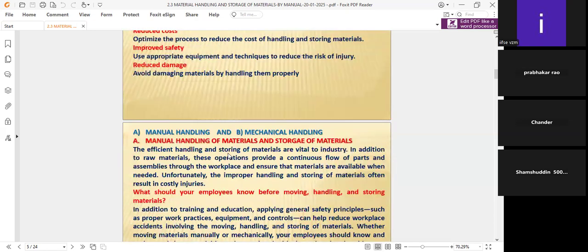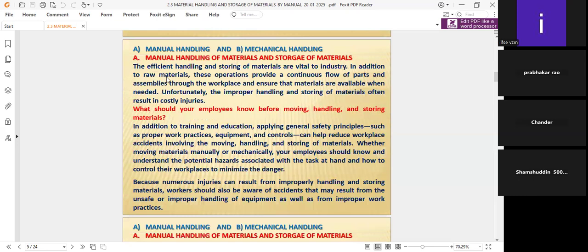Before taking up anything, what should your employees know before moving, handling, and storing material? What can employees keep in mind before moving objects from one place to another, or handling storage from one place to another?